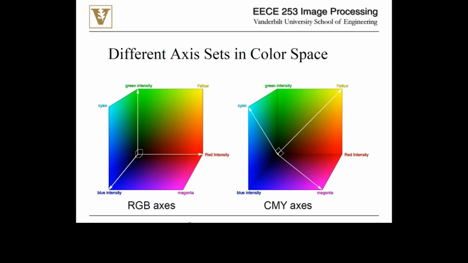So displaying in a screen is using this basis, while printing is using this basis. But we can represent colors with both. As long as you have 3 linearly independent vectors, you can represent any color in this cube. They don't even need to be orthogonal.